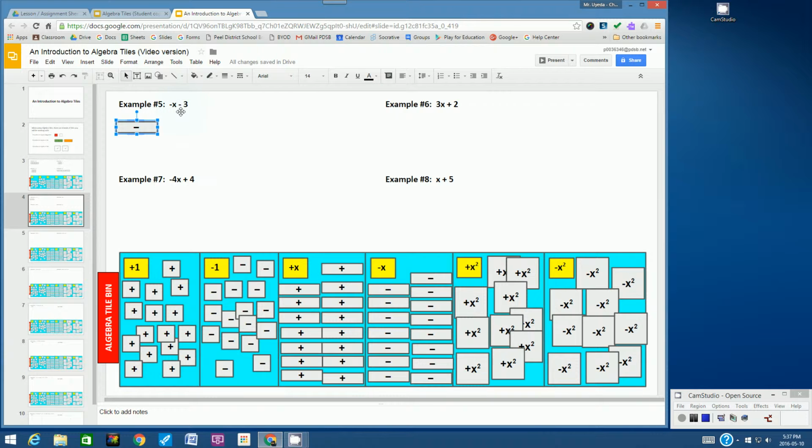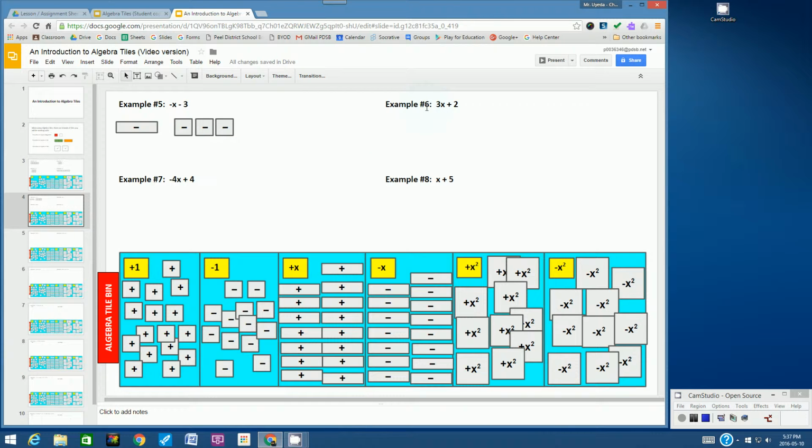Even though this is a subtraction sign, I want you to include the subtraction sign with the integer, so we have negative 3 here. I want to cluster the negative 3 tiles together, and have a little separation between the x tiles and the integer tiles. We always want to put the x tiles first. In this case, it came first in the expression, didn't it?